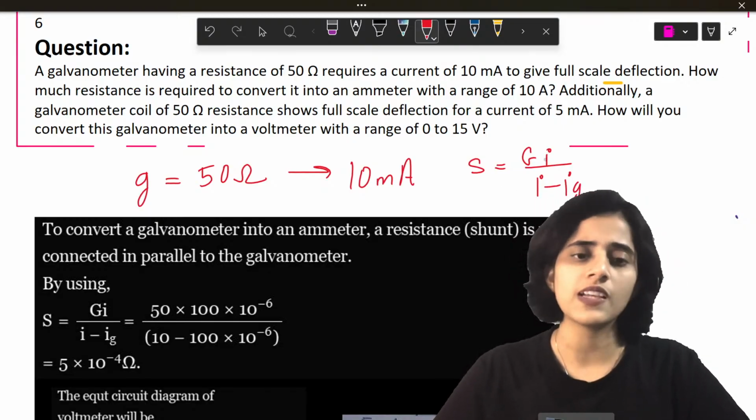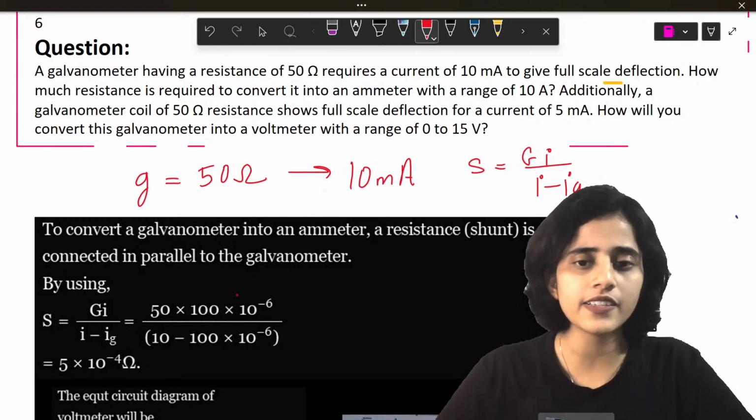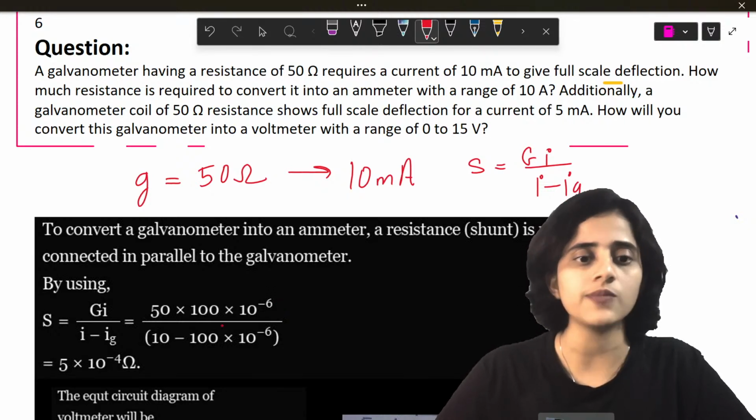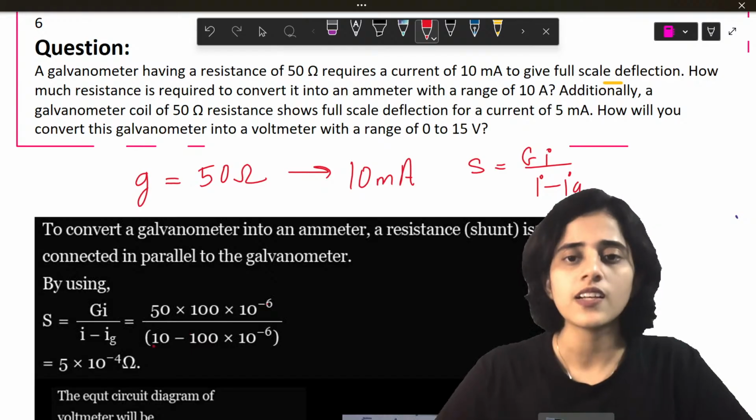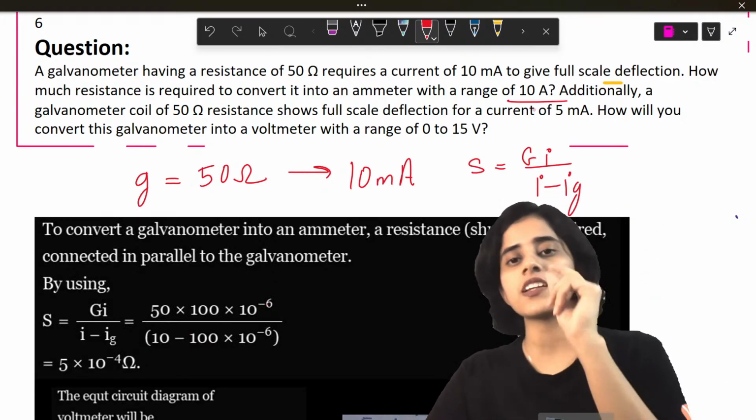What is G? G is the resistance, 50, into the current, 10 milliamps, which is 10 into 10 raised to minus 3, divided by 10 amps. The ammeter should have a range of 10 amps.